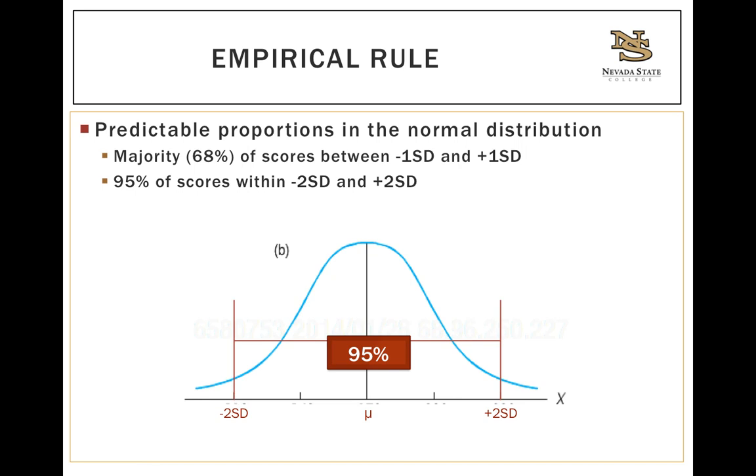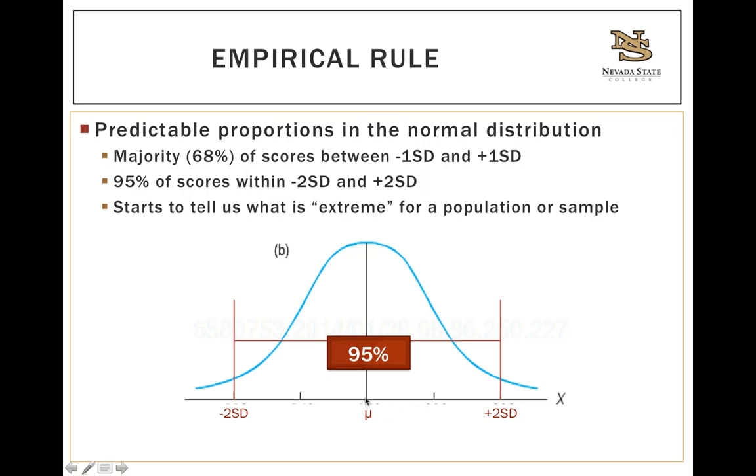But what I really want you to take away from these predictable proportions is that we can use them to figure out what an extreme score is. So we can start to figure out how a score falls on the distribution in terms of standard deviations. So if it's somewhere between 0 and 1 standard deviation away, we know it's pretty normal.